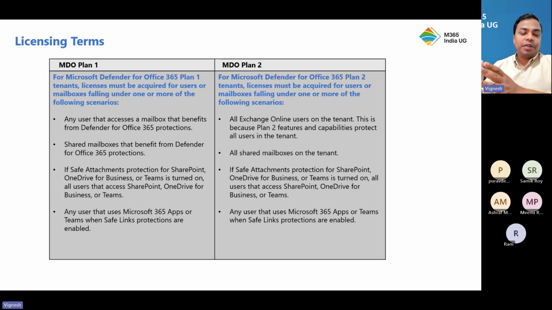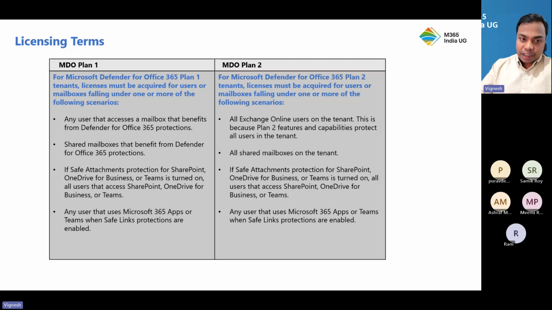Now, what I'm trying to say from here is, as long as you are a user in your tenant, right, and whatever you're doing touches upon all this, right? You have a mailbox, and that mailbox is being secured and governed by MDO Plan 1, right?